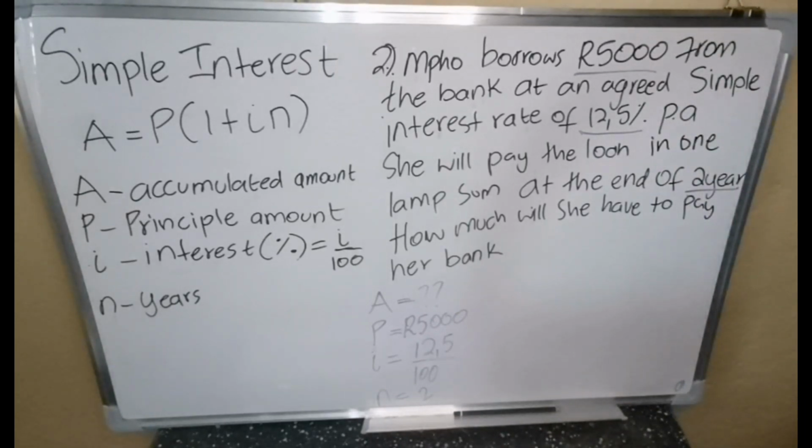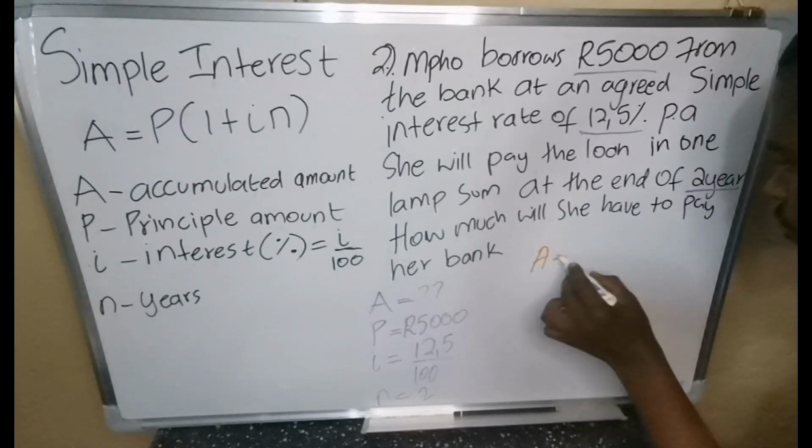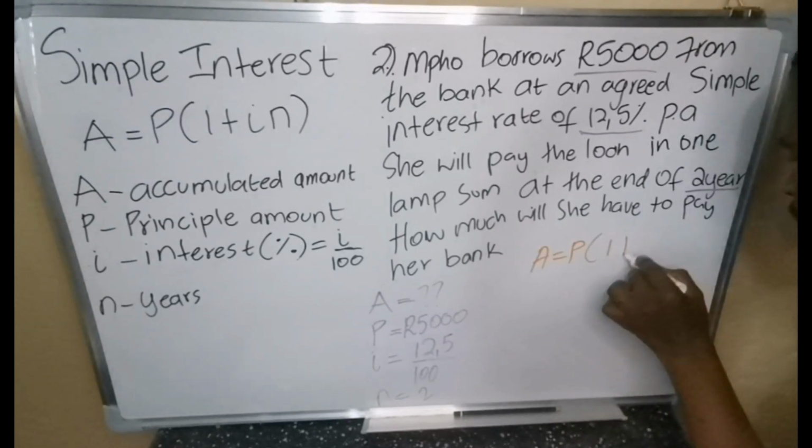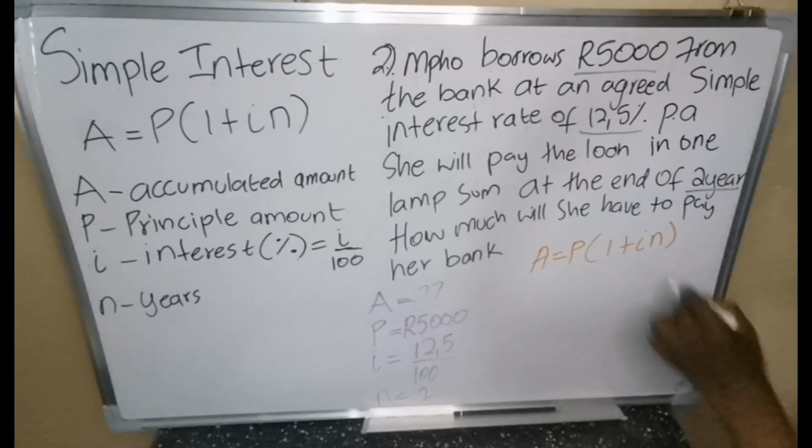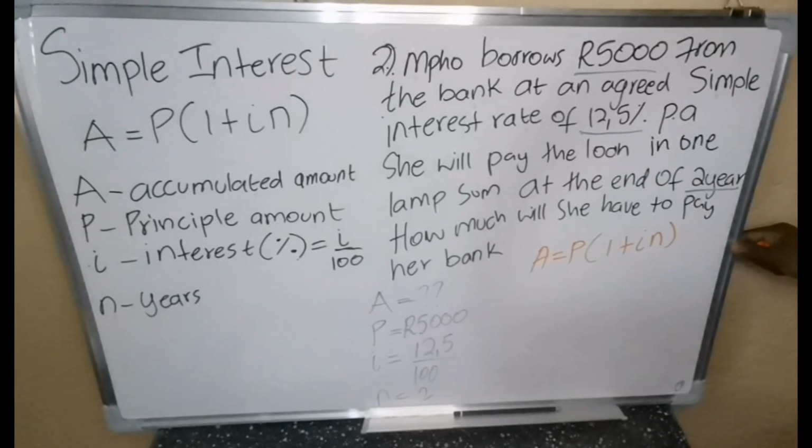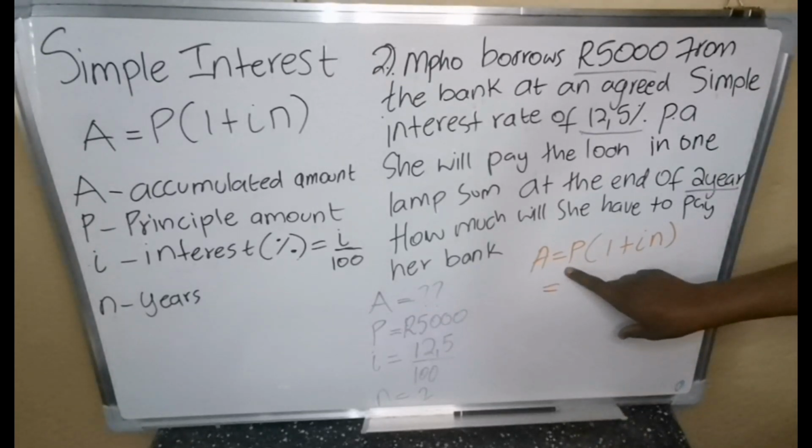Then you write the formula here. A equals P times (1 plus I times N). What is the value of A? We don't know the value of A. This is equal to, what is the value of P?